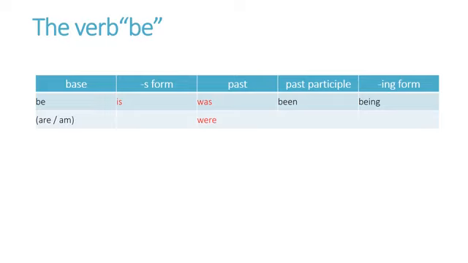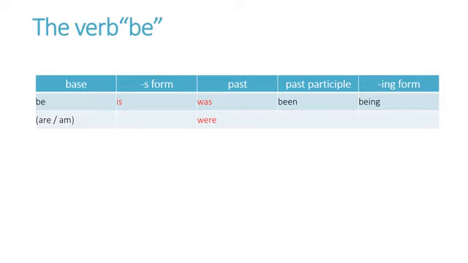But with most subjects, you use the verb are. They are, we are, you are. And of course, with I as a subject, you would use am, I am. The S form is used with third person singular subjects. He is, she is, it is.